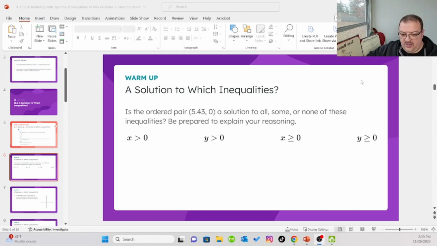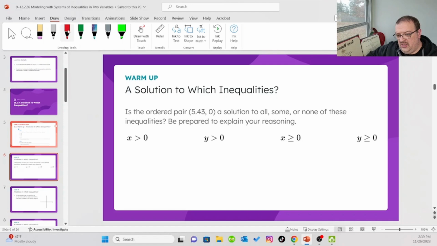So as we go through this, what we want to know, so x is greater than 0. Well, x would be 5.43. So if we say 5.43 is greater than 0, that is true.